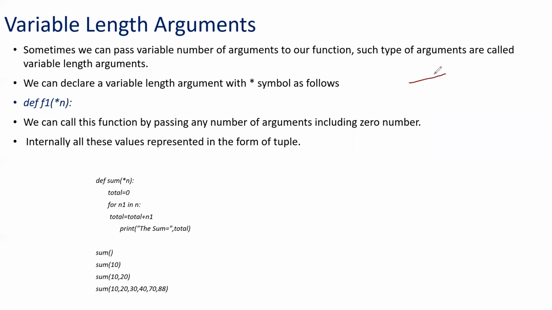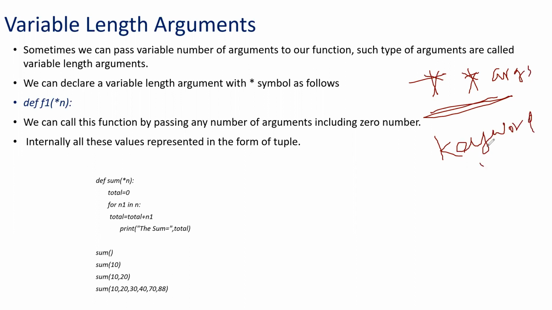There is another one, that is double star. What do you mean by this one? It is keyword argument. Keyword values, remember, key values. It's kind of a dictionary, key value pair.